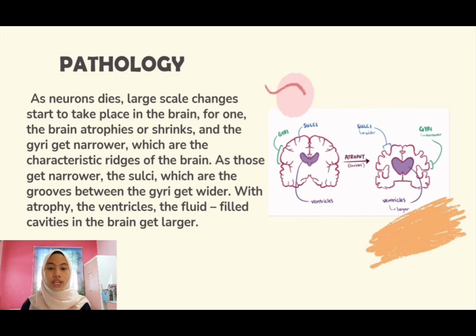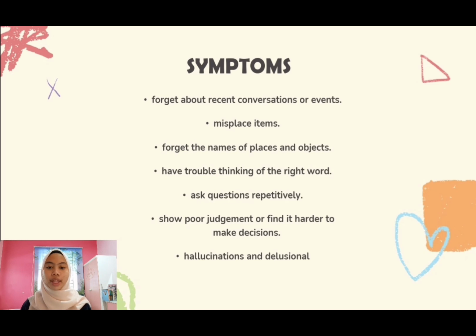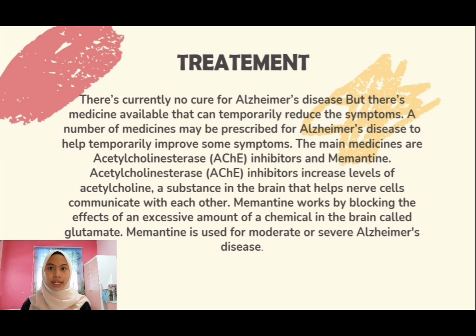With atrophy, the ventricles, the fluid-filled cavities in the brain, get larger. Examples of symptoms of Alzheimer's patients are that they tend to forget recent conversations, always misplace items, and have hallucinations and delusions. The last part is treatment.